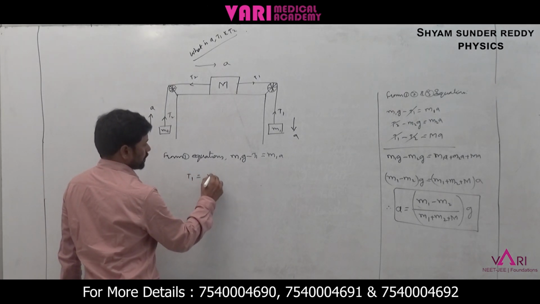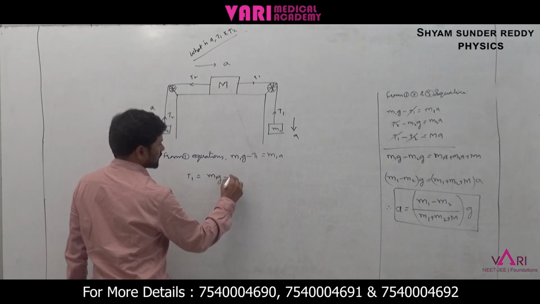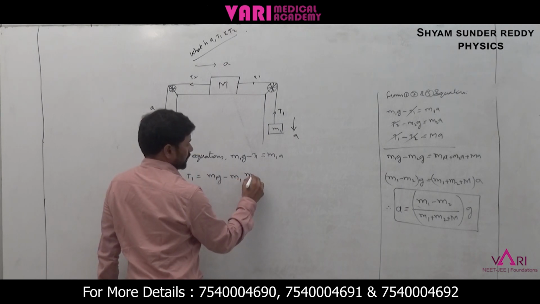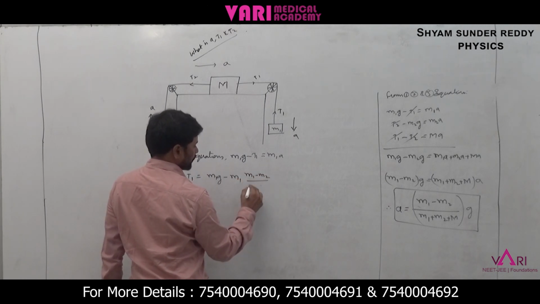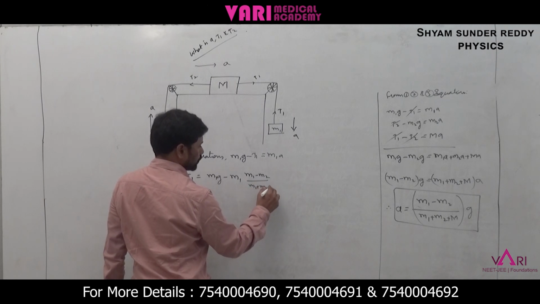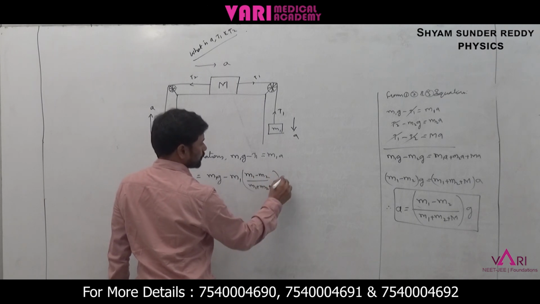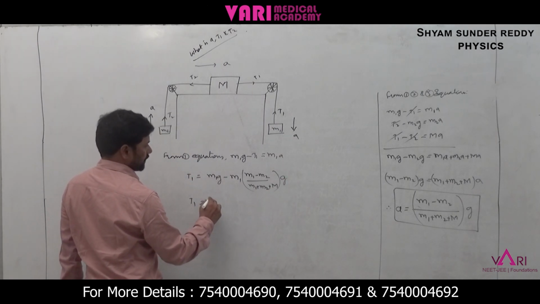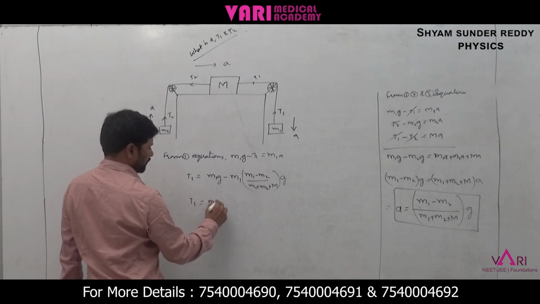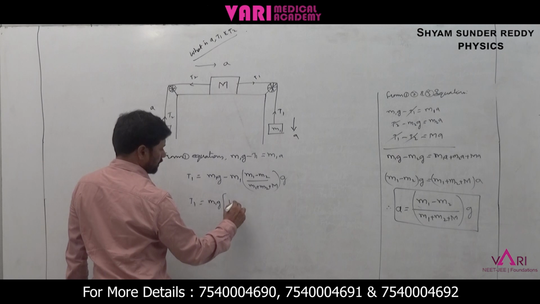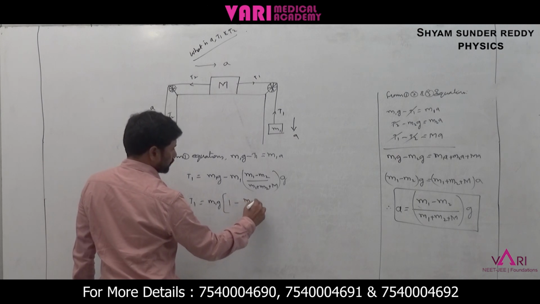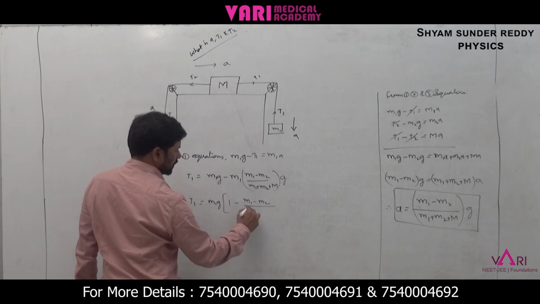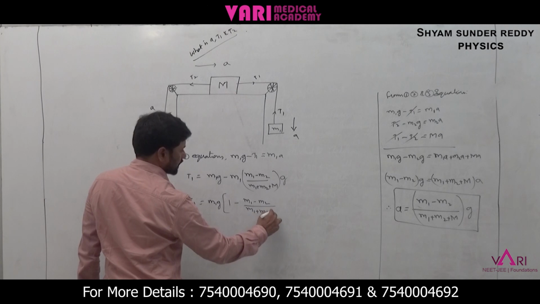T1 is equal to m1g minus m1 into A, which is m1g minus m1 times (m1 minus m2) by (m1 plus m2 plus M) into g. m1g is common: m1g into 1 minus (m1 minus m2) by (m1 plus m2 plus M).